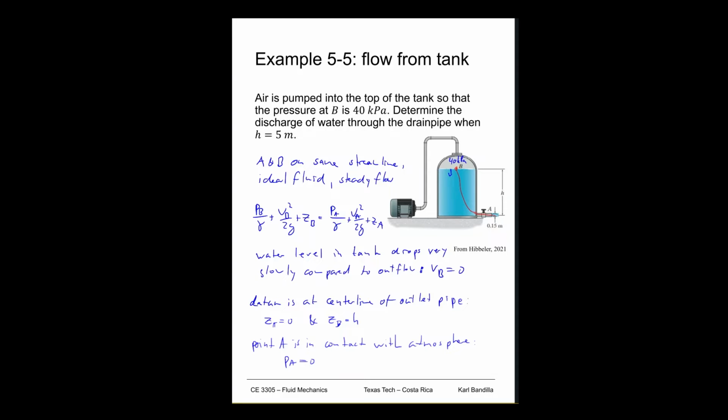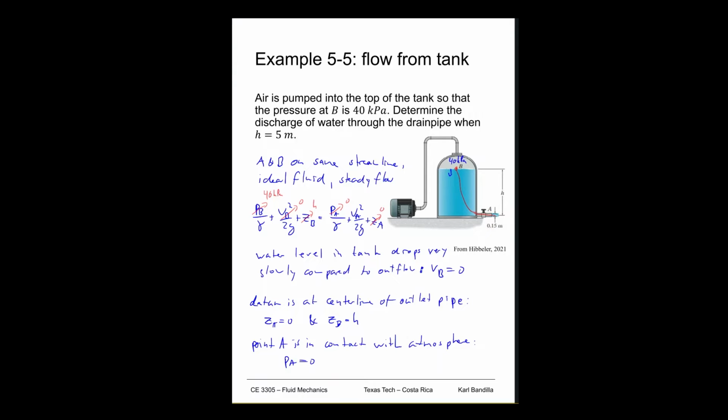Maybe we can sketch that in here now. So PB is known, right? We can say 40 kilopascal. We know VB is equal to 0. We know ZB is equal to H. PA is equal to 0. VA we're interested in. And ZA is equal to 0.